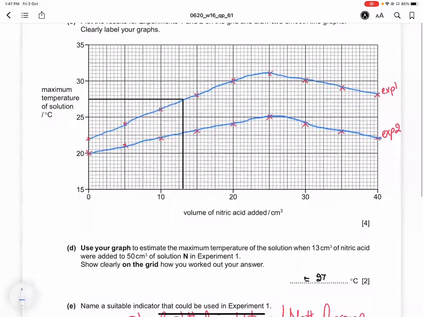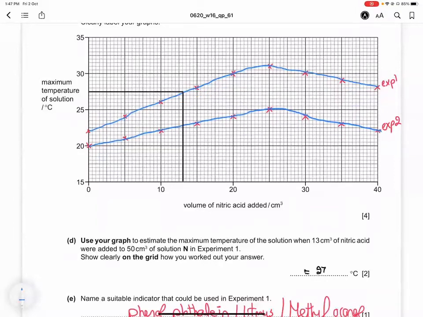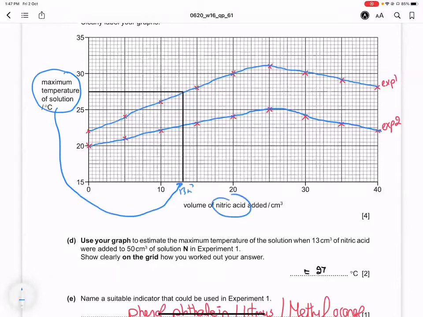Okay. Use your graph to estimate the maximum temperature of the solution when 13 centimeter cube of nitric acid were added to 50 centimeter cube of solution N. He's saying he needs to know the maximum temperature when 13 centimeter cube of nitric acid were added. So you will come at 13 centimeter cube, and he needs you to show how you worked out your answer.